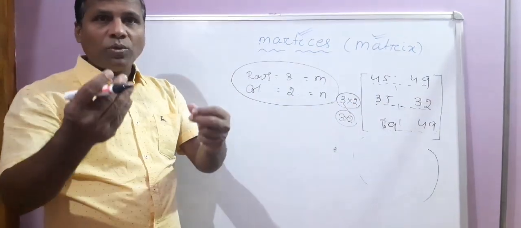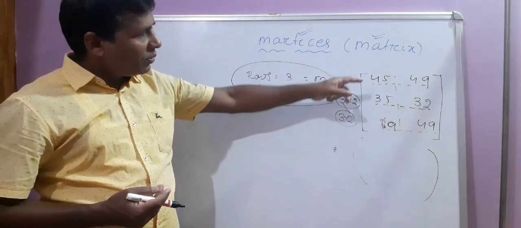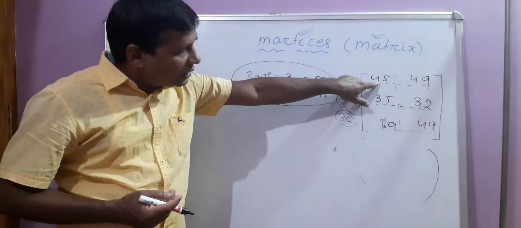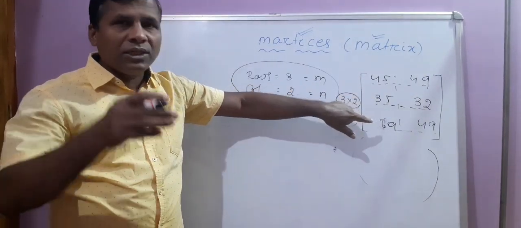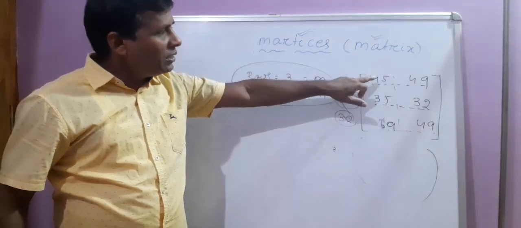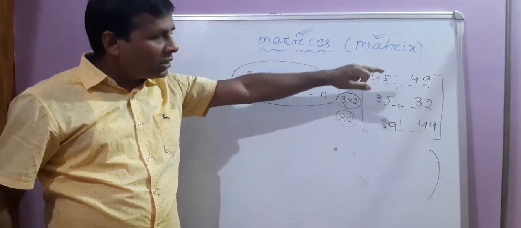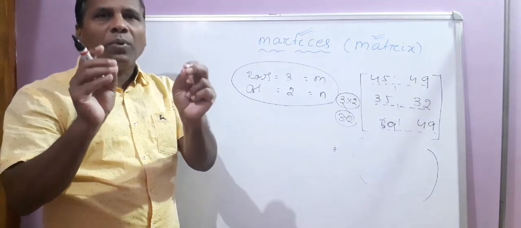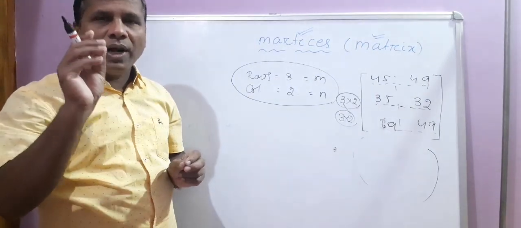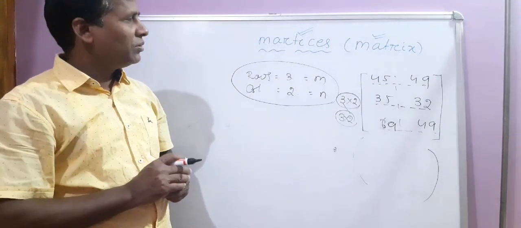What do we mean by systematic arrangement? In this case, this arrangement is called a systematic arrangement. Each row and each column contains an equal number of elements or entries.